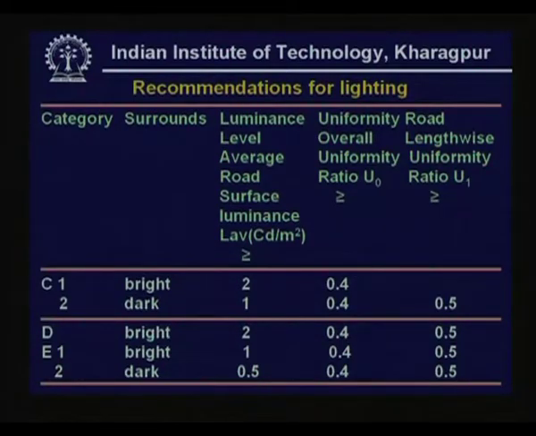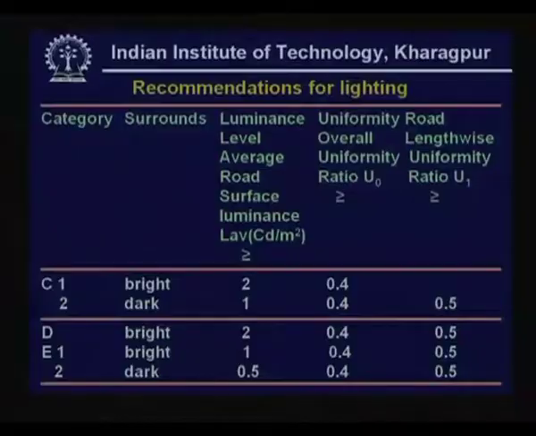One may see that the level required under category E has come down to 1 and 0.5, essentially because it is predominantly slow speed traffic with pedestrians included. So, as already said, the requirement of the luminance levels goes higher with the speed.